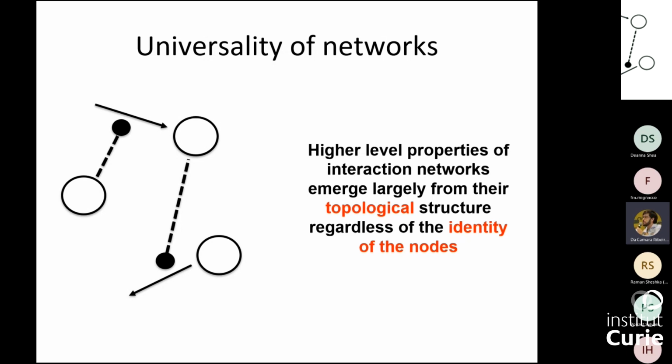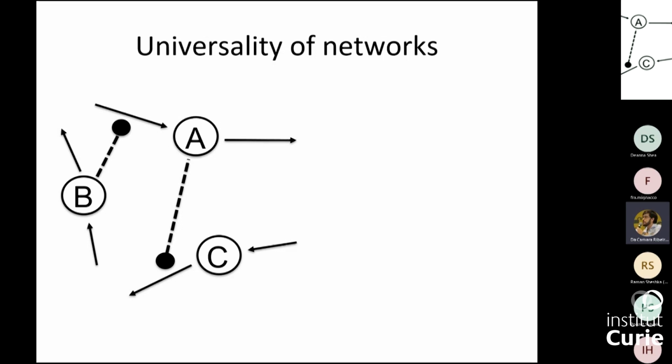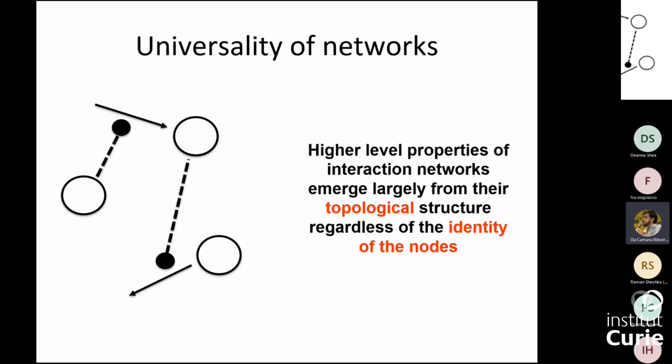So you can represent this network with A, B, and C, or you can represent it without saying what A, B, and C are. And basically, a large part of the properties of that particular network will remain whoever A is, whoever B is, and whatever C is.